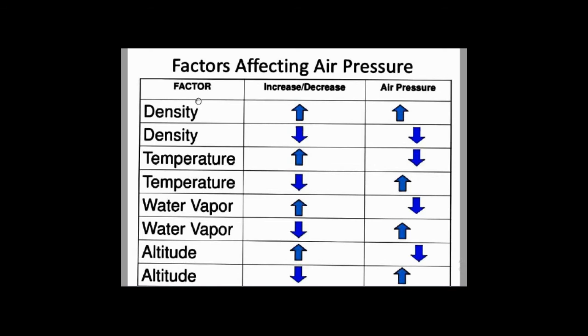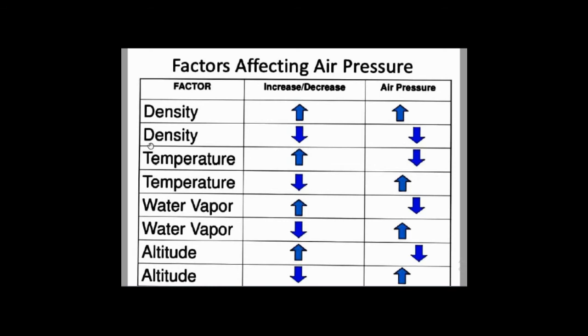In one column the factors are there, and the other two columns show how air pressure changes with an increase of this factor. First is density. If the density of the air increases, then obviously air pressure will increase.